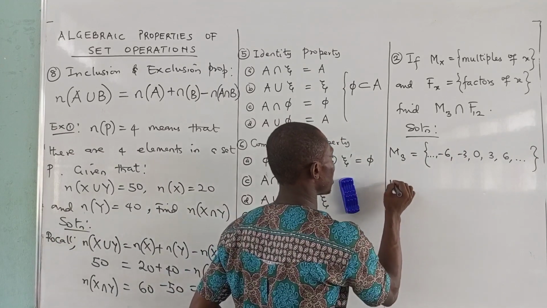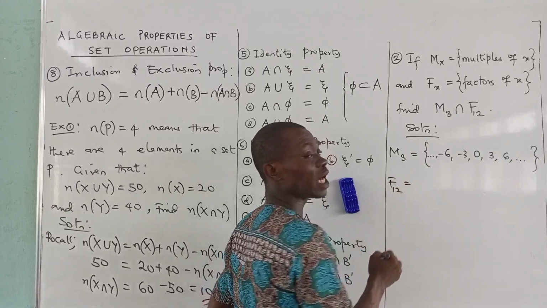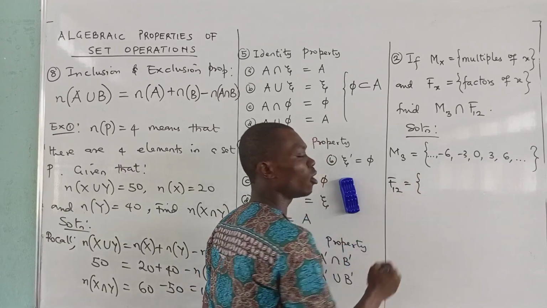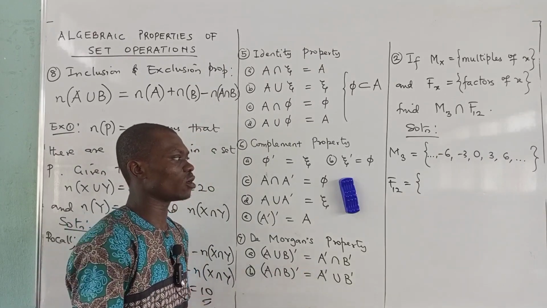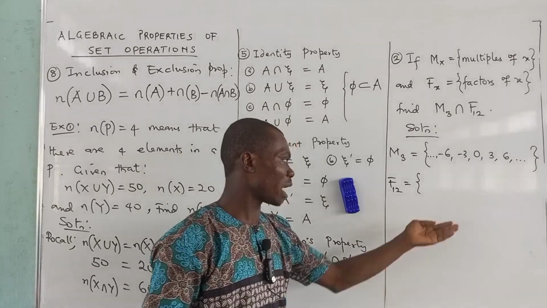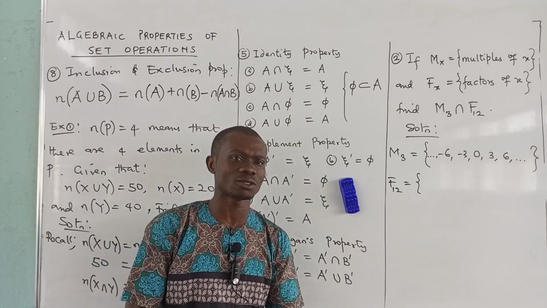However, what about our F12, the factors of 12? Remember also, the factors of 12 are also going to include both positive and negative, because of course, 1 can divide 12, and minus 1 can also divide 12.